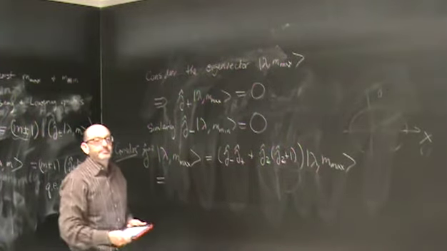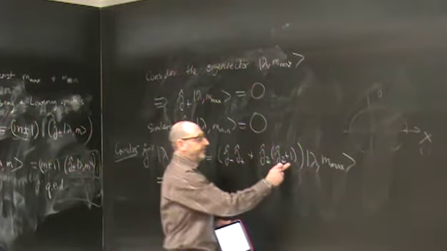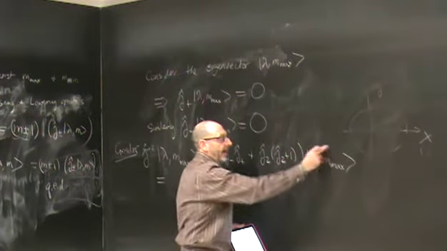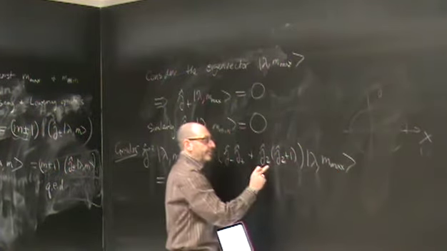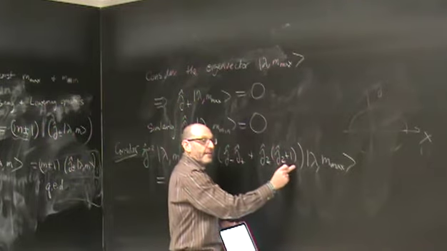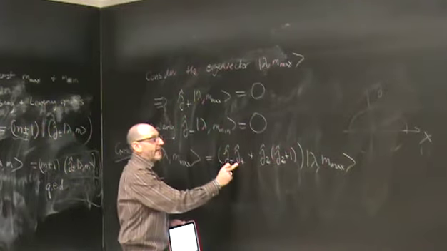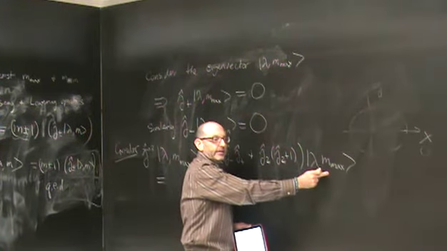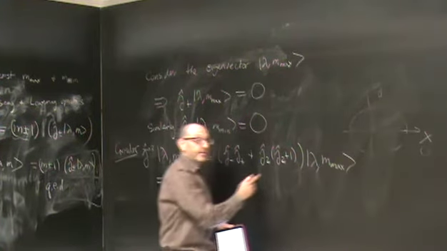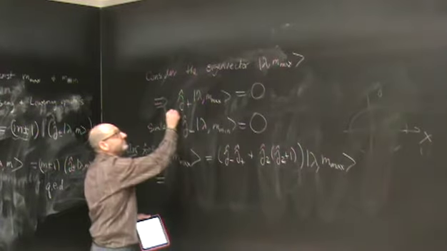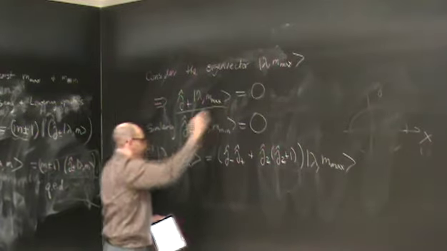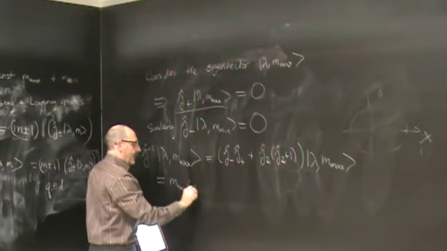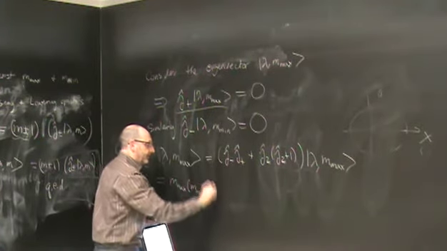What is that equal to? Well, this is an eigenvector of JZ with eigenvalue given here. So this becomes m max times m max plus 1. What happens to this guy when it hits this operator? 0. It annihilates it because we just said that. So this thus is m max times m max plus 1.